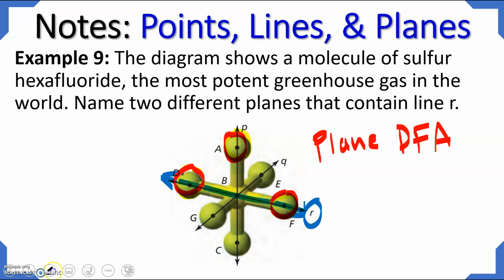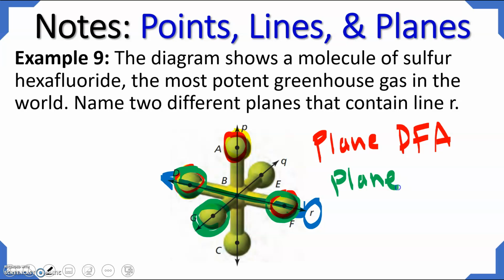Now let's find another. So we can also see that if we want to include D and F, we could also include as our third point, G. So if we include D, F, and G, line R will also be included.